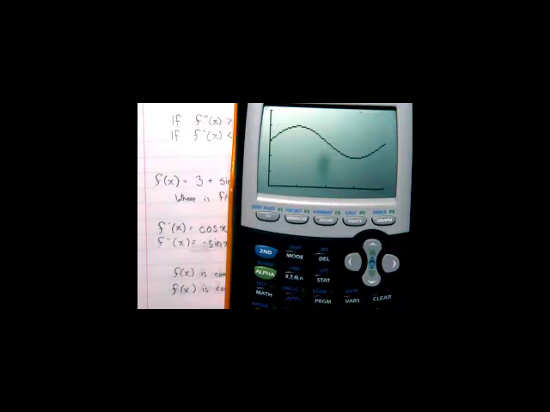Now this point right in the middle where the concavity changes, in this case at pi, has a special name too. It's called a point of inflection, which is the next thing we're going to talk about. A point of inflection, simply stated, is a point where the concavity changes from one to the other.